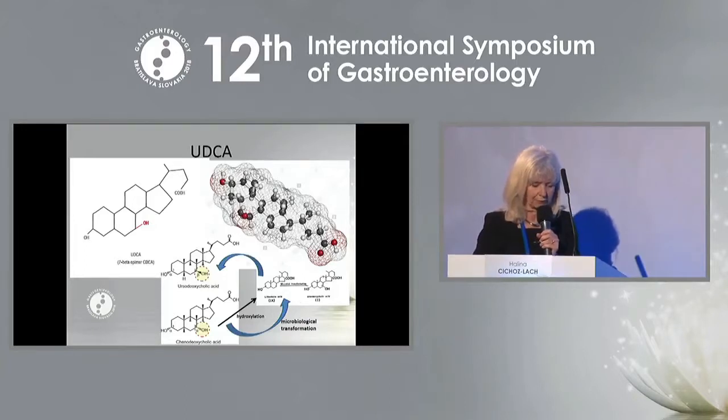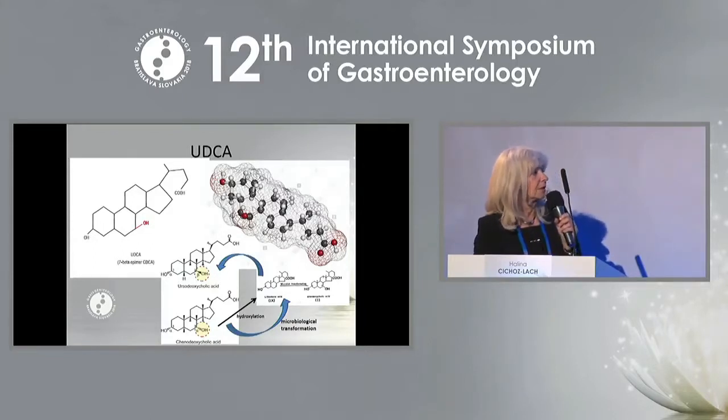UDCA is formed as a result of hydroxylation of chenodeoxycholic acid to lithocholic acid by microbiological transformation and further metabolism in the liver.